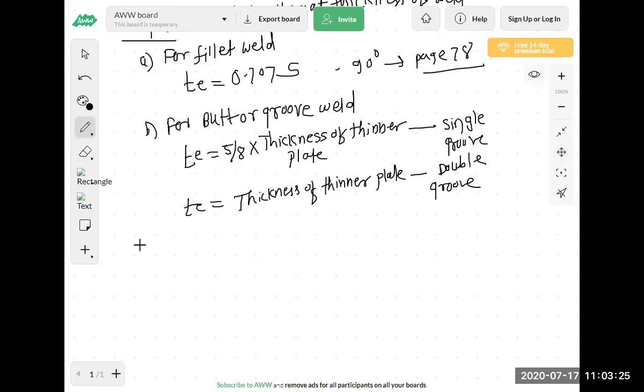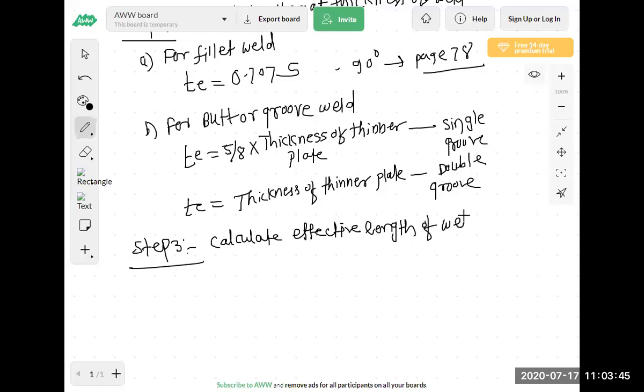Now step number 3: calculate effective length of weld.